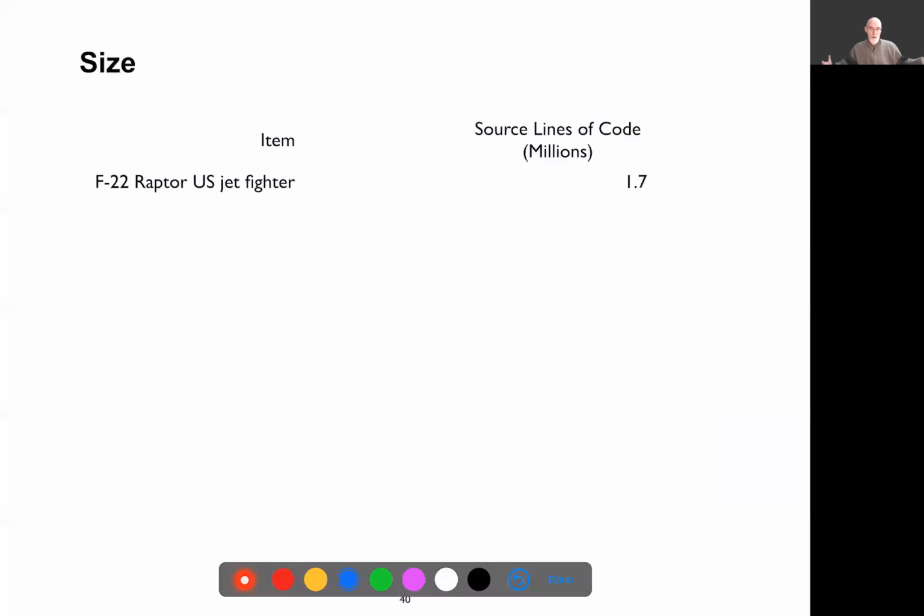Yeah, this is an old US jet fighter. It has like 1.7 million lines of code in it. The Boeing 787 has between 6 and 7 million lines of code in it. The Chevy Volt, which is no longer in production, had about 10 million lines of code embedded in it.